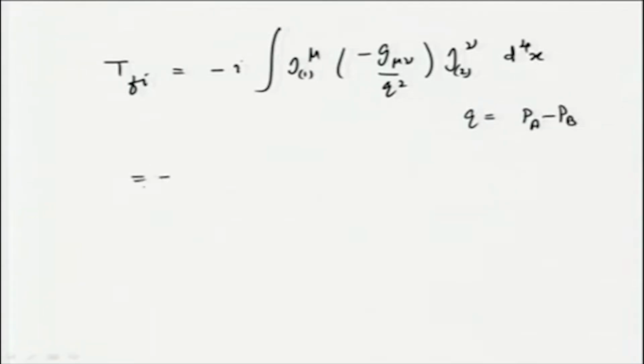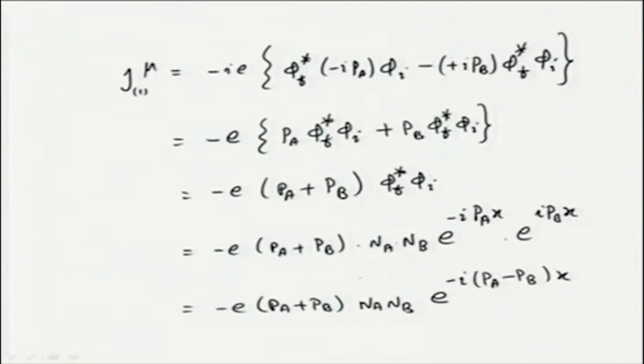And in terms of the wave function explicitly written, we have the integral of minus e N_A N_B (p_A plus p_B) mu e to the power minus i (p_A minus p_B) x. All right, in all these cases there is a mu which is missing, so I should be okay.